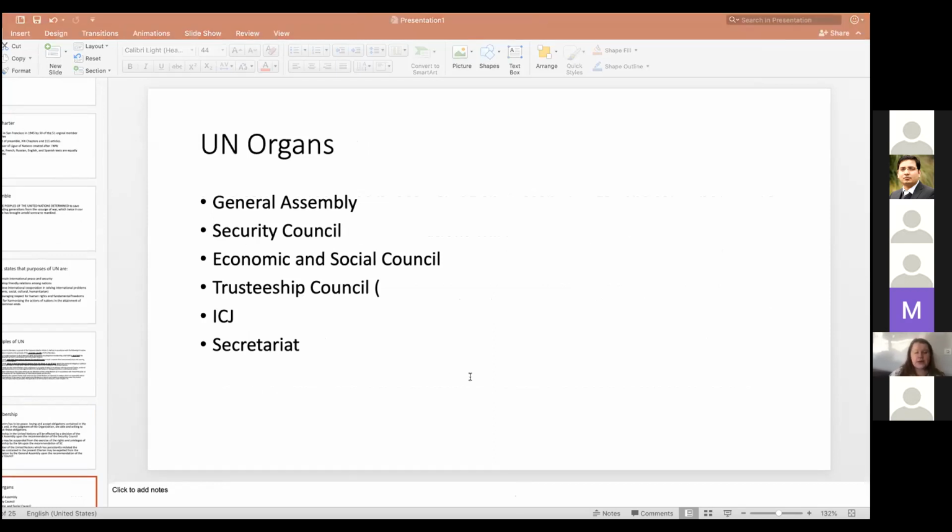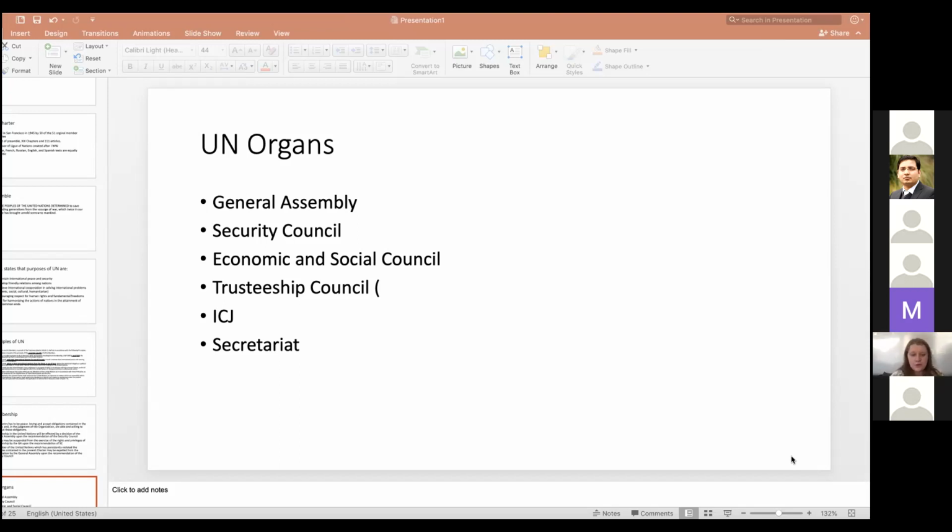So we have the General Assembly, Security Council, Economic and Social Council, Trusteeship Council, International Court of Justice, and Secretariat. First of all, the Trusteeship Council should not be at the center of our attention.